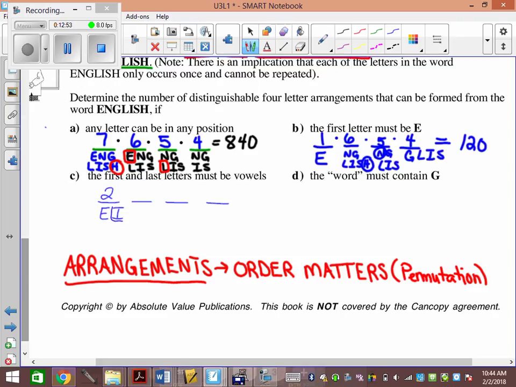No, I'm going to keep 1 here. And then I have E left here. So I have 1. Keep the E here. Now I've used up how many letters? 2. Right? So now I would have NGLISH. Have 5 left. Keep the N. GLSH. 4. So it's 40.